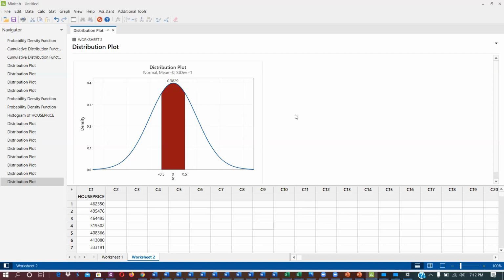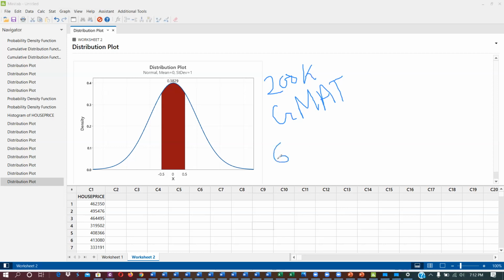So this is used for calculating. Now my question is here. Let's say you give an exam, 200,000 students are there in GMAT, and the average score of all 200,000 students is 680. This is the average.